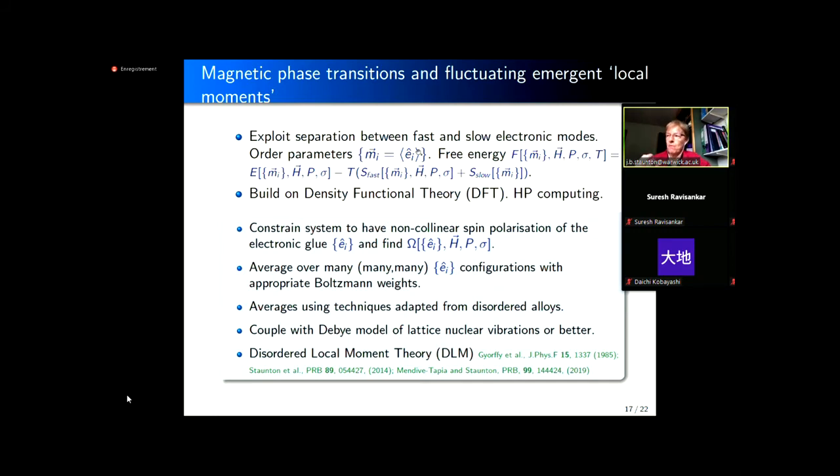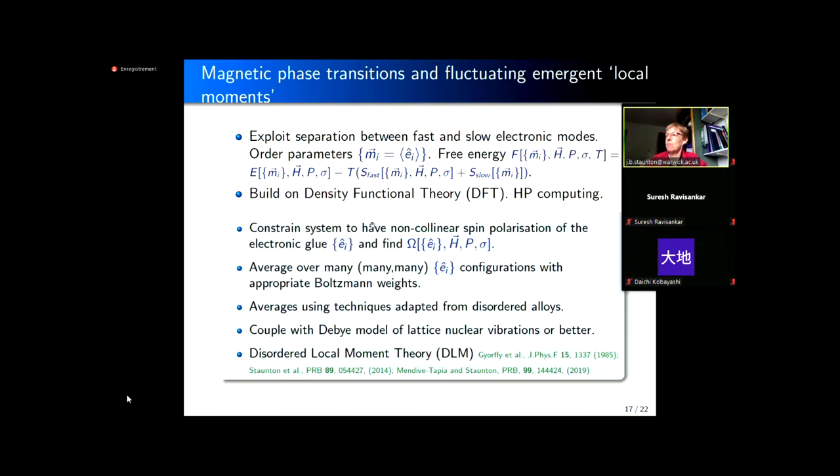Then one would visualize those as being classical spins, and then carry out the statistical mechanics of those by averaging over their properties thermally. So you're basically making this timescale separation to extract out these slowly varying degrees of freedom and then deal with their statistical mechanics.